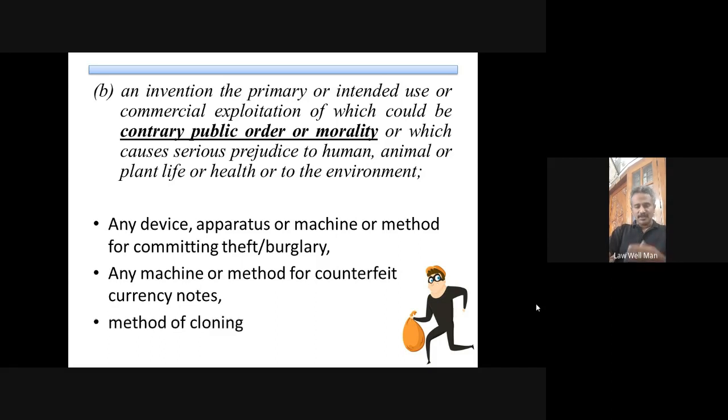And the method of cloning, which has arguments on both sides, could also have a problem under Section 3B. Method of cloning is likely to cause prejudice to human life, and perhaps to plant and animal life, if humans are considered to be animals. So I think we can go further after 3B.